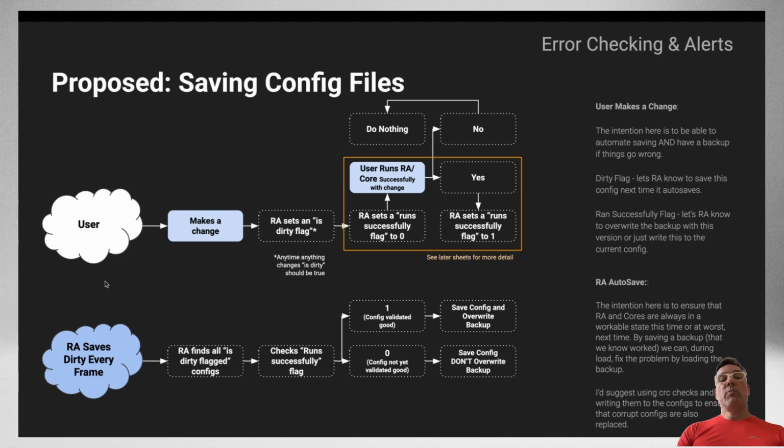So what I'm proposing is when the user makes a change, and this is something we used to do, when running my own games company, we did a lot of this. We studied a lot of how we assumed Nintendo worked, and also went to various developer conferences. And one of the things we made a lot of use of when saving data was to set what's known as a dirty flag.